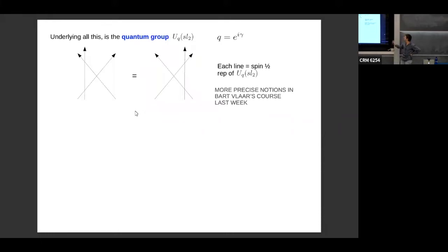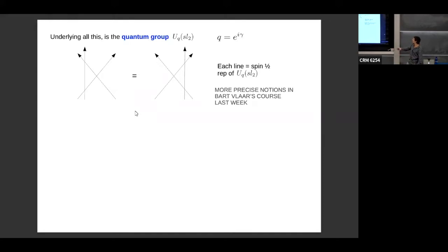And so you can think of the Yang-Baxter equation as what I drew here, namely each line carries a spin 1/2 representation of the quantum group. And so the Yang-Baxter equation you can trace back to the commutation relations of the quantum group algebra. Well, there is a lot of really rich algebra behind, but let me just sketch one consequence of this.